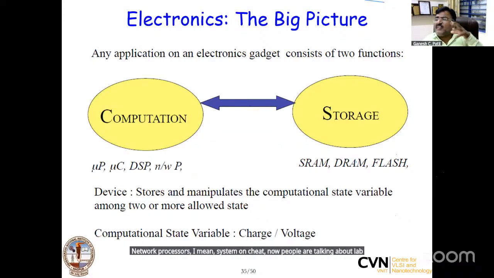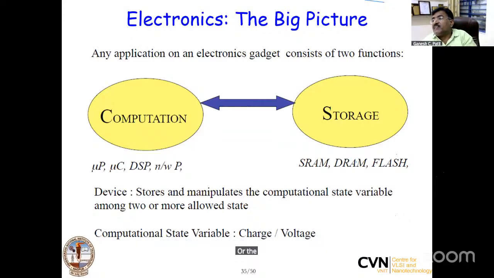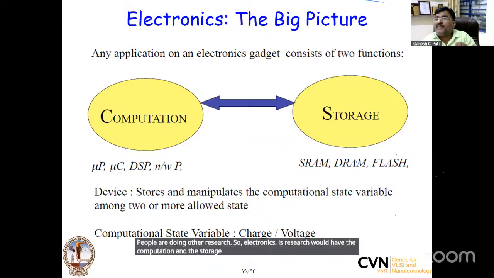These are all the computation part, right? The second domain is storage, where people are talking about SRAM, DRAM, flash, or NAND flash, MRAM, RRAM. This is the way people are doing the research. So electronics research has computation and storage. These are the only two domains on which all gadgets or applications we look into are based.